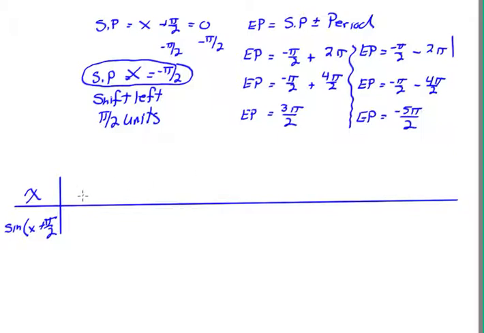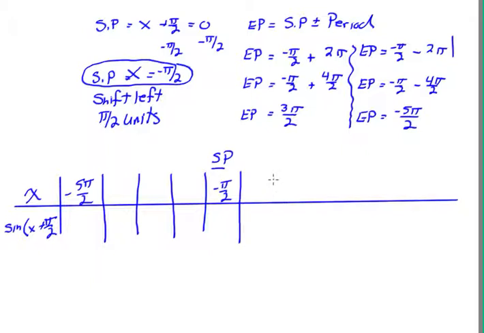Okay, so our leftmost point is negative 5 pi over 2. And then we're going to break it up into 4 equal pieces. 1, 2, 3, 4. And then this will be our starting point, kind of right in the middle. Instead of being 0, that is our negative pi over 2. And then we know there are critical points above that, 4 equal pieces. 1, 2, 3, 4.